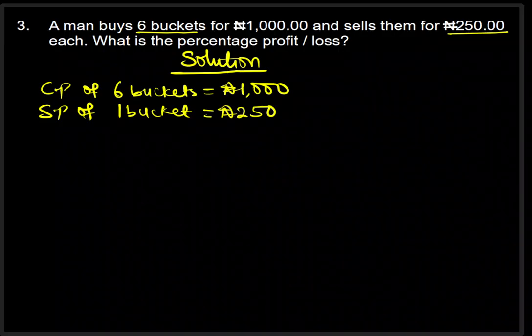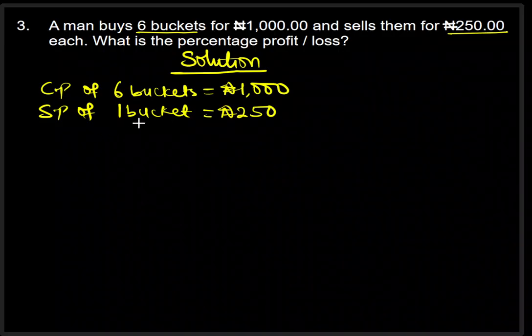If you bought 6, you have to sell the 6 to check if you've made profit or loss. So there's a price of 250 naira each for selling, and you have to sell the 6 buckets first. Then you can talk about whether you've made profit or loss.